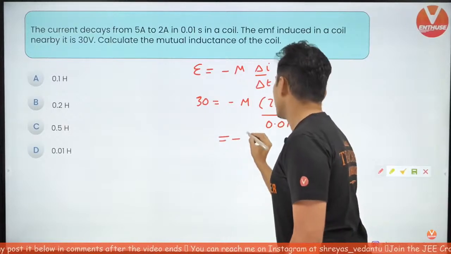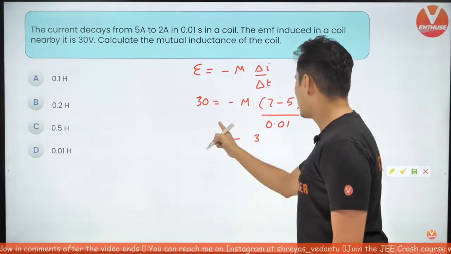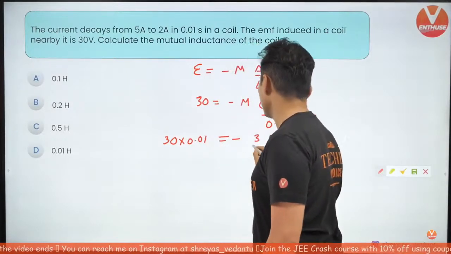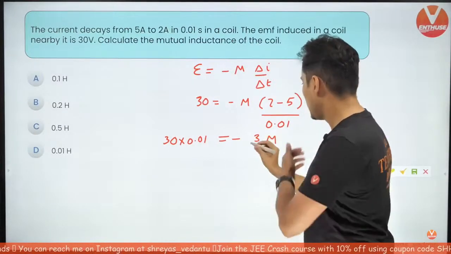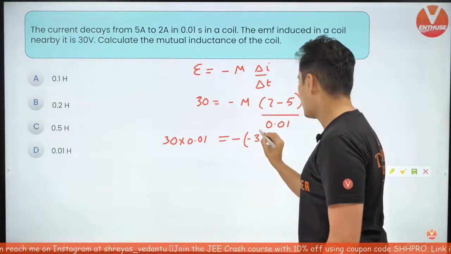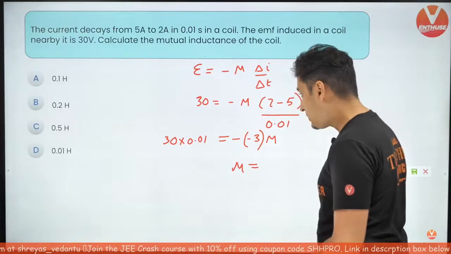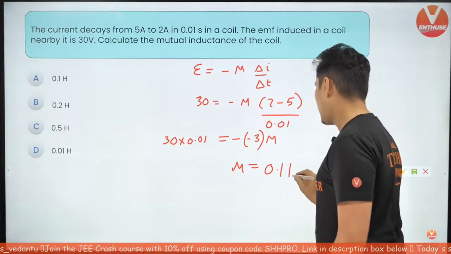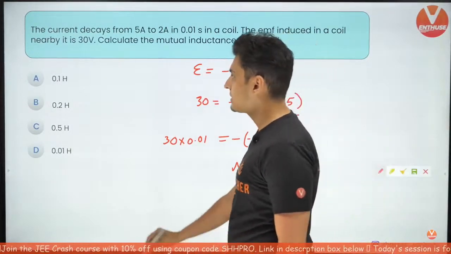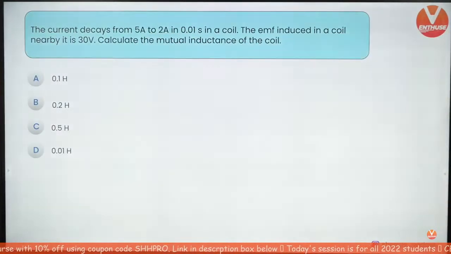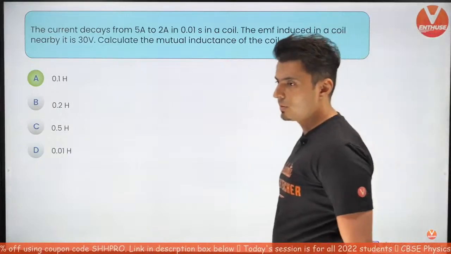So this will become minus 3, and take this over there, so it will become 30 into 0.01 into M. Okay, and this will also become minus 3, I believe. Yes, minus minus becomes plus. So M will become how much? 0.1 Henry. Just check this out. Yes, option A should be correct. No, Naidu, it is not B. It should be option A. Yep, it is option A.